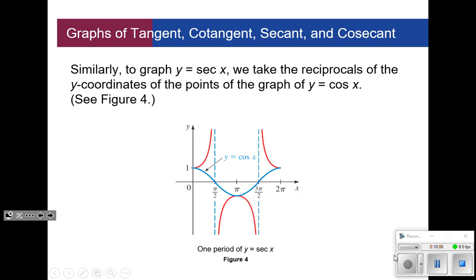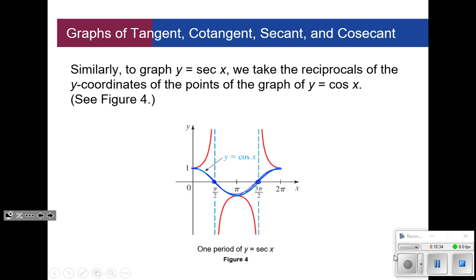Same thing with secant. Secant still has the period of 2 pi. It looks a little weird here, but remember that your cosine function starts at 1 and then goes down. Sine starts at 0, cosine starts at 1. So every time the cosine function is 0, that's where we're going to have those asymptotes.